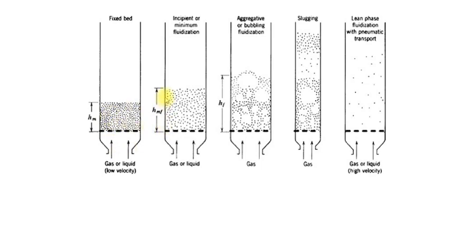When the buoyancy force is equal to the gravity force, you will find that the height of the bed slightly increases at that point, and the porosity, or the void fraction, also increases because the height has increased.